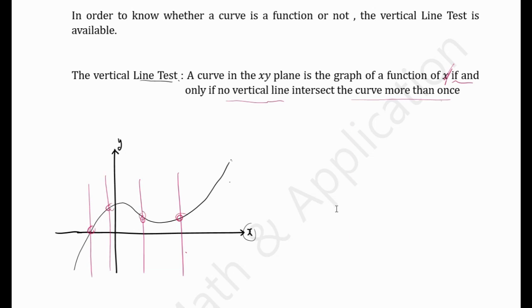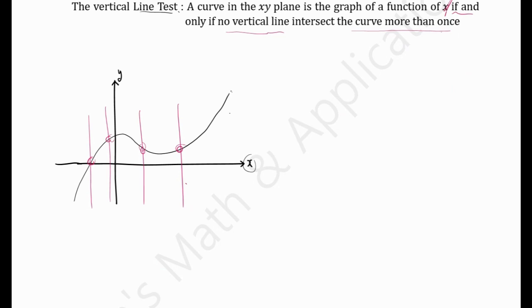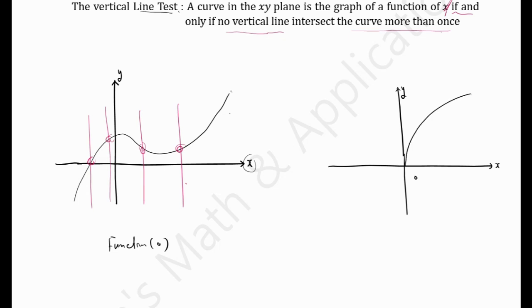This is a function. How about this example? This is x and y, and the curve is this. We draw a vertical line. This has two intersections.